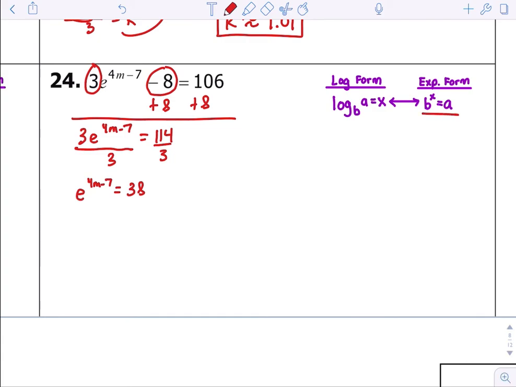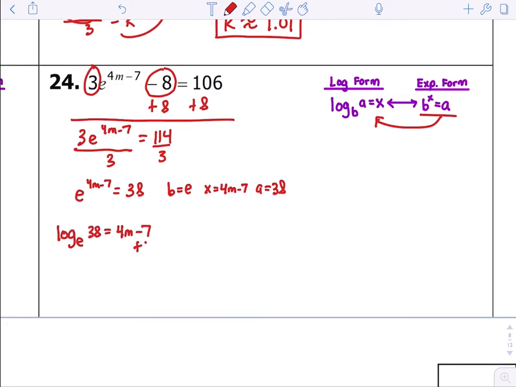Now it's in exponential form and transitioning it to be log form. So our b value is e, our x value is 4m minus 7, and our a value is 38. So log base b, which is e, the a value is 38, and the x value is 4m minus 7.